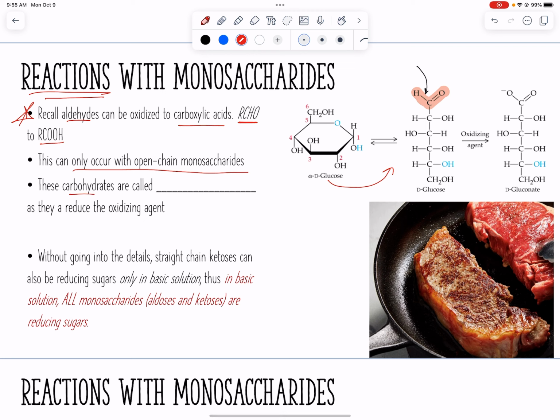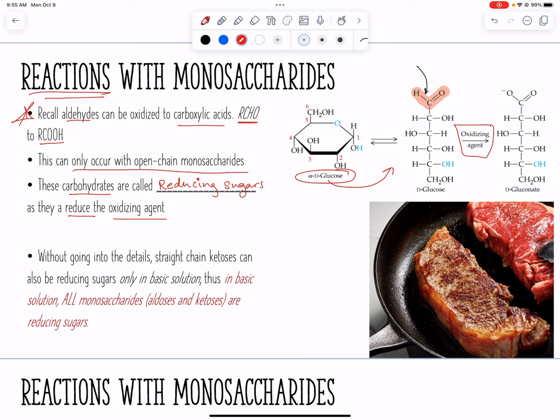So these carbohydrates, for example glucose here, we call them reducing sugars. Because they reduce the oxidizing agent that is used to increase the number of carbon-oxygen bonds. They are reducing the oxidizing agent while they themselves are being oxidized. So we call these reducing sugars.